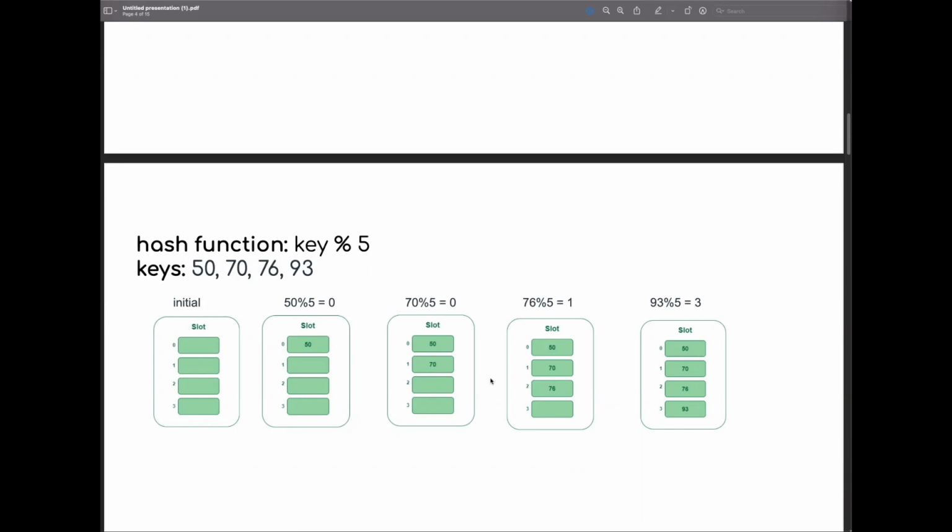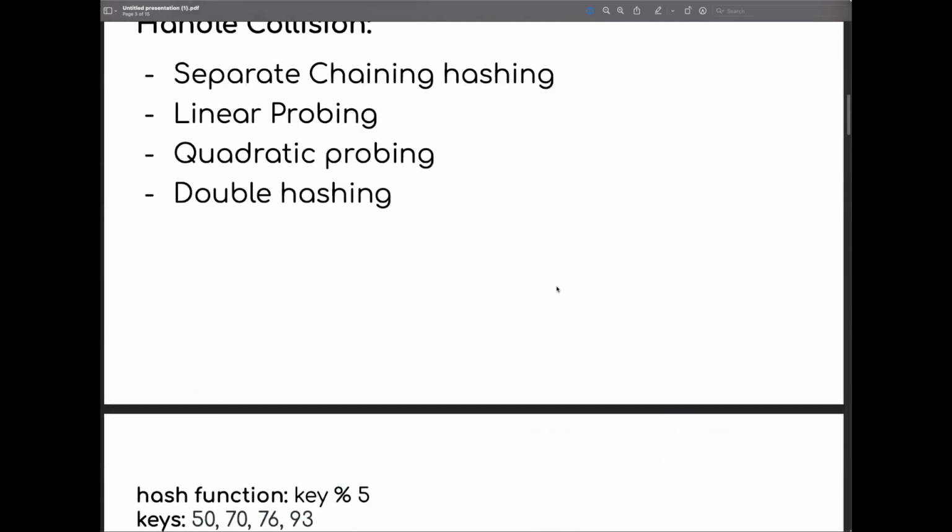So we need to search for the next empty slot, which is 2. So we put 76 at slot 2. Then the next key, 93 mod 5, we get 3. But 3 is empty, so we put 93 at slot 3.